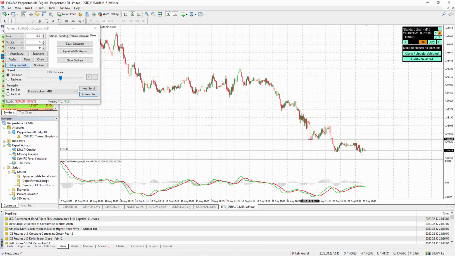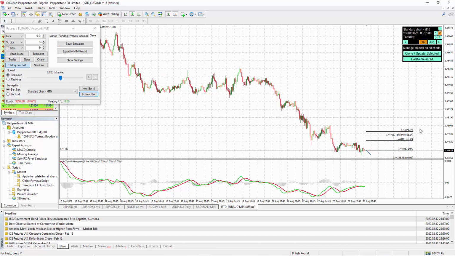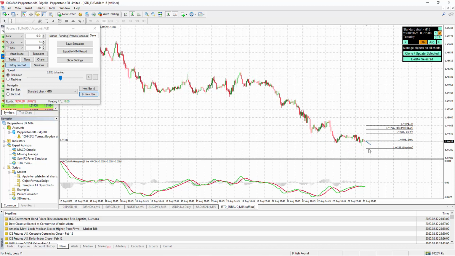Here's another setup. We have a lower lows here, and these lows are making higher lows. So again, it looks like a good time to enter. So here's what I'll do. I will set the stop loss again, a little bit, let's say below here, and take profit 1.5.